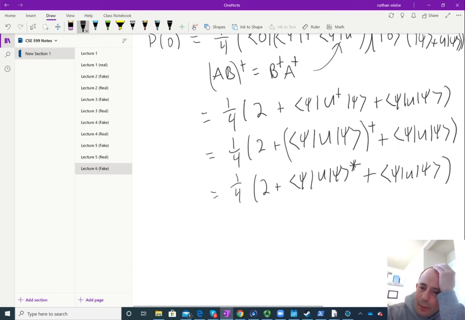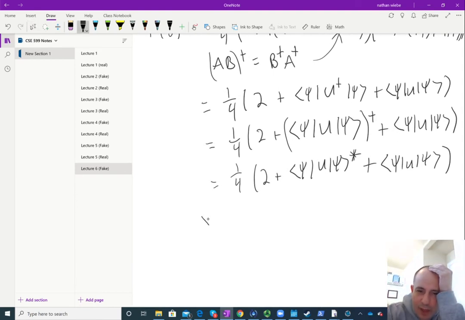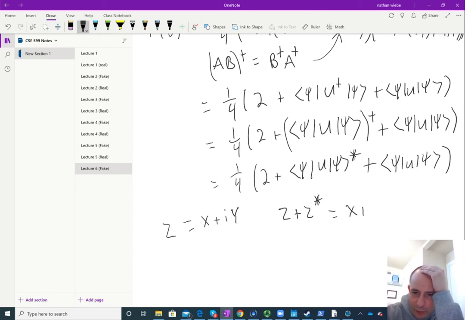Okay, now note that if we have x plus iy in general is equal to some complex number z, then z plus z star is equal to x plus iy plus x minus iy, which is equal to 2x.